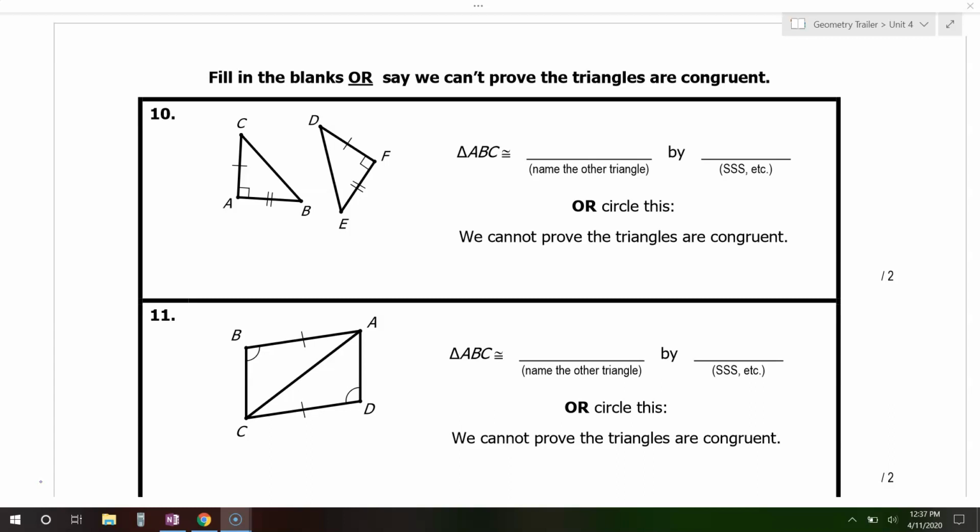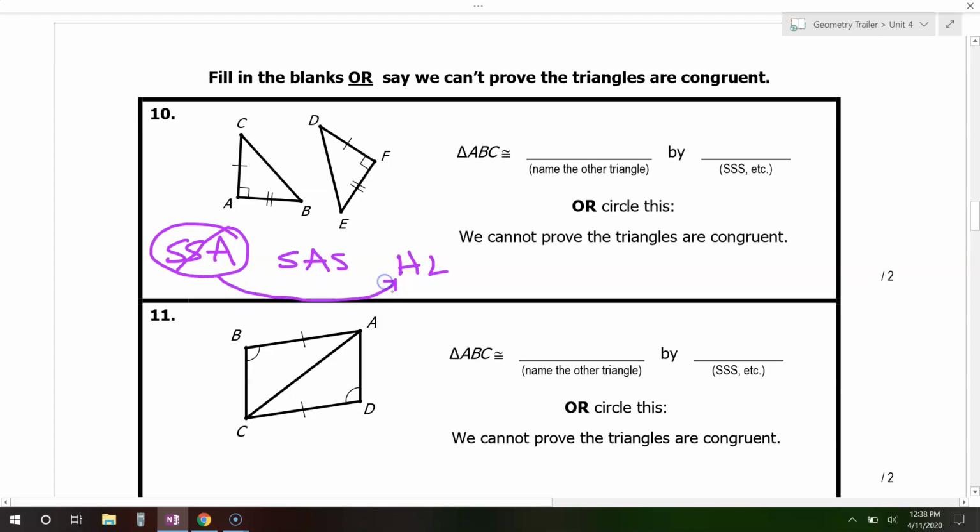So this is either side angle, which is not a thing, or it'll be side angle side, or it could be hypotenuse leg, which is actually a special case of side angle, but this one works. In fact, speaking of hypotenuse leg, this only works for right triangles. So this is a right triangle, so we better check it out.